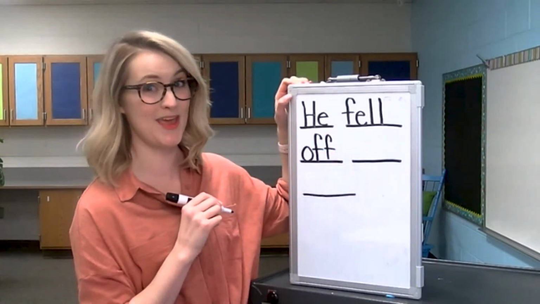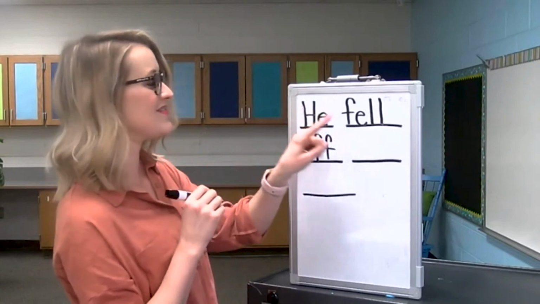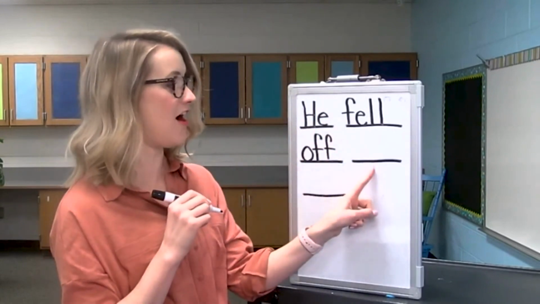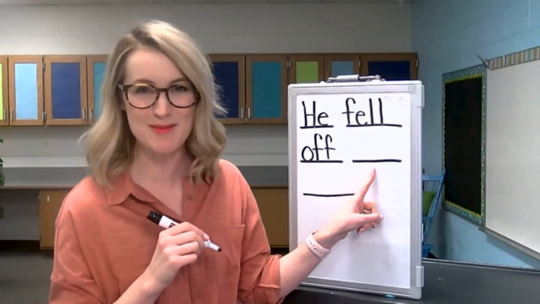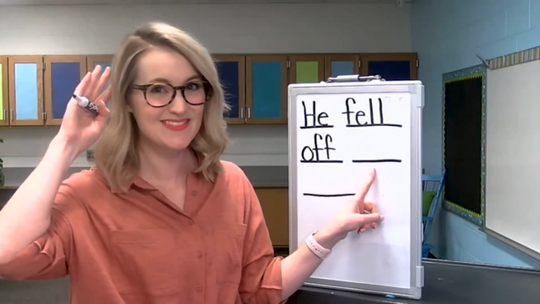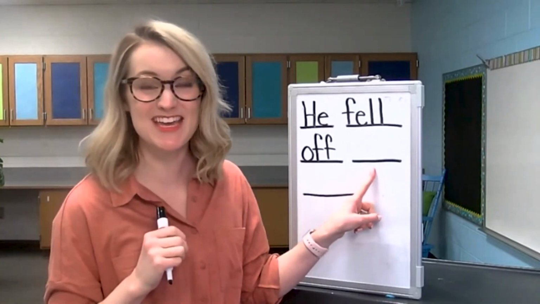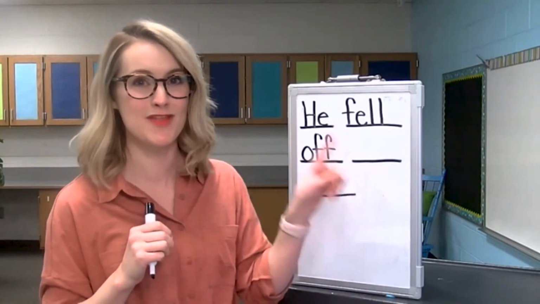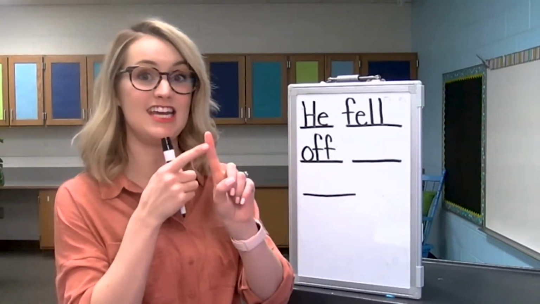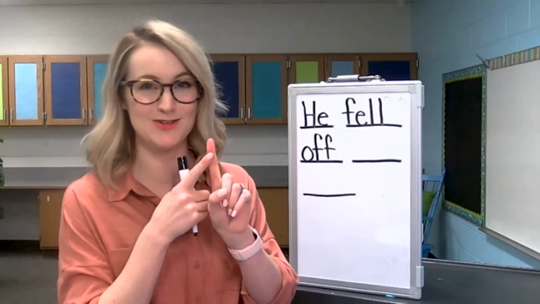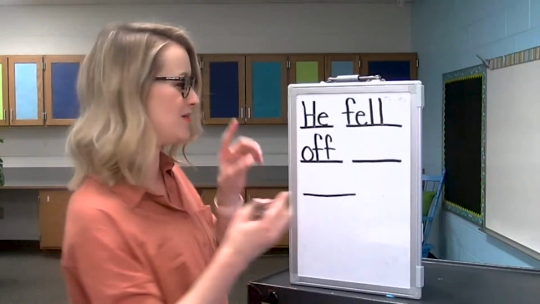All right, let's read what we have so far. He fell off the. The is our new high frequency word today. Do you remember how to spell it? Remember, we can listen for the sounds in the word the. The first 2 letters are TH to make the sound. Remember, they work together to make that sound.